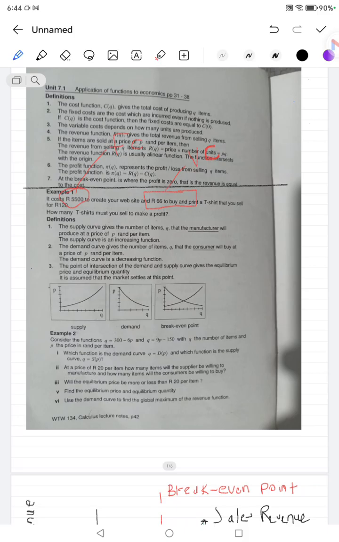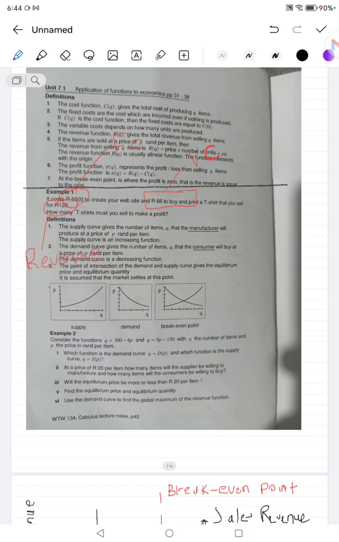Then you check the 66 rand to buy and print a t-shirt that you sell for 120. So what's that 120? That's the revenue that you get for selling a shirt. So this 120 would definitely be your revenue.